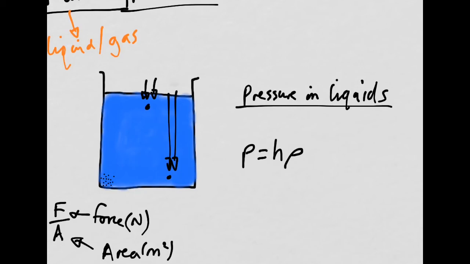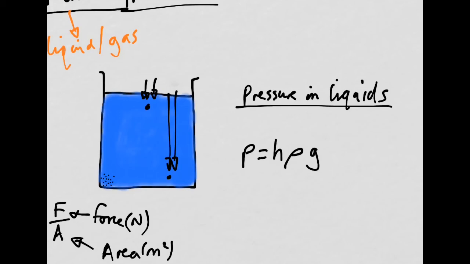That's not a P, by the way. It's like a sideways P. It's called a Greek letter rho. That's the density of the fluid, the liquid that you're in. So in this case, water, which has a density of 1,000 kilograms per cubic meter. And then you're going to multiply it by g as well, which is the strength of gravity. If gravity is stronger, then it's going to be pulling that weight above you down harder.